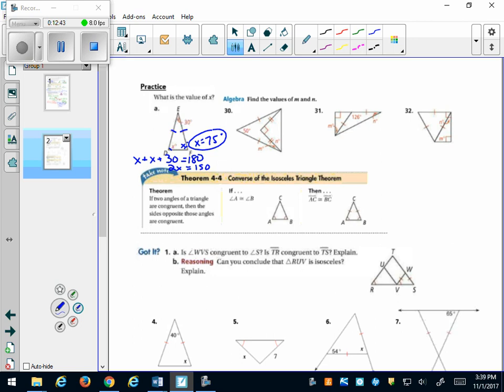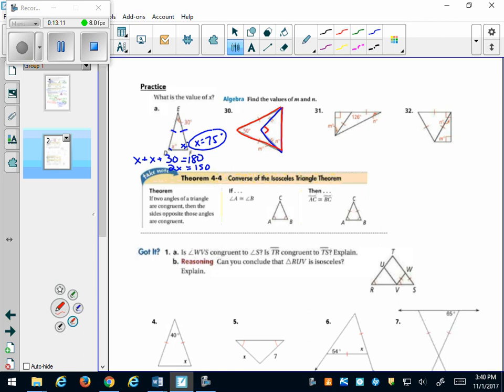Right? Now, complicated intertwining triangles and everything, we still can apply this isosceles triangle theorem. If we look at this triangle separate from this triangle, we want to look at all the clues that they give us here. If we start with the blue triangle, they tell us this is 90 degrees.